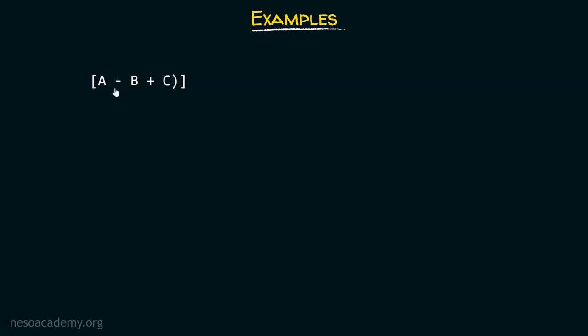You can see over here, we have just 1 left bracket, and here we have 2 right brackets. It is clear that this expression is invalid. As I've already told you, if any of the conditions is not satisfied, then we can say that the expression is invalid. First condition itself is not satisfied. The total number of left brackets are not equal to the total number of right brackets. That's why this expression is invalid.